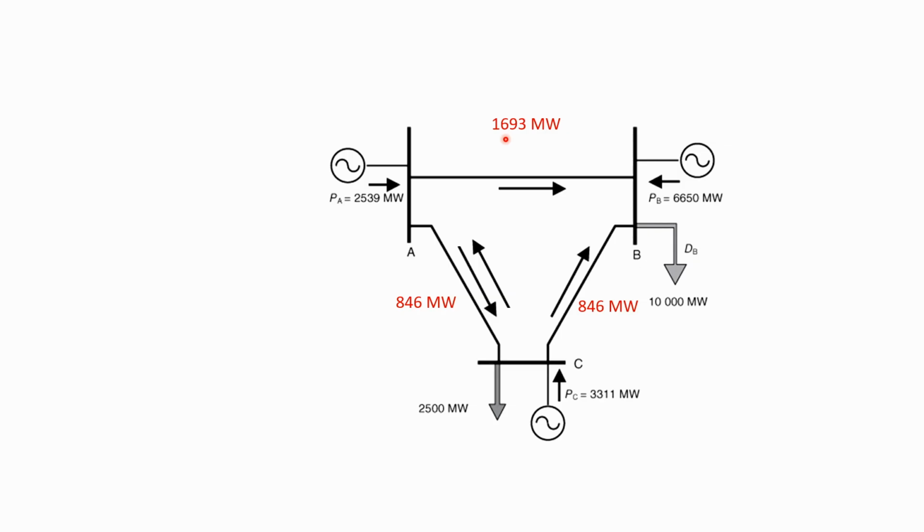This is equal to 1693 megawatt, and this amount will go through node C to B.